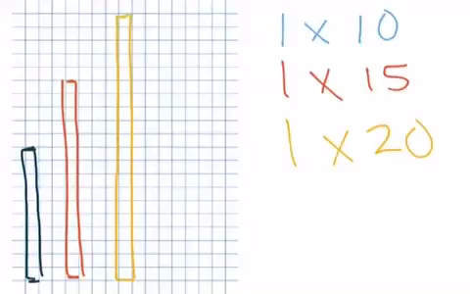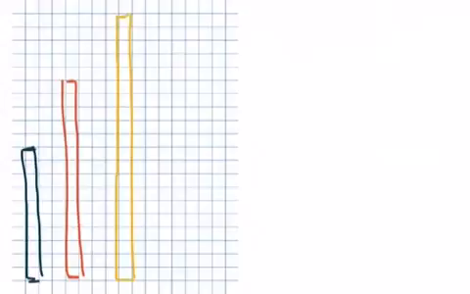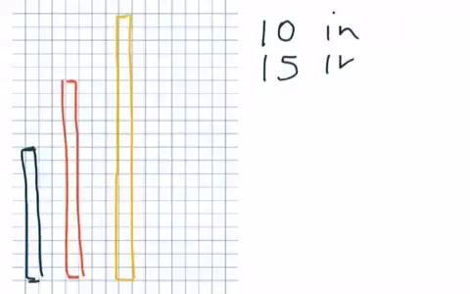All right, so the question that I have for you is, imagine that these are pieces of wood. So you've got these scraps of wood, and you've got this one that's 10 inches long, and one that's 15 inches long, and one that's 20 inches long.